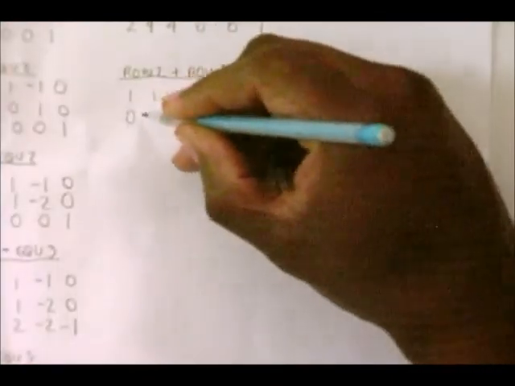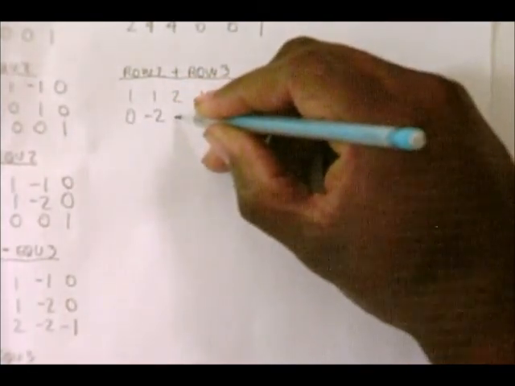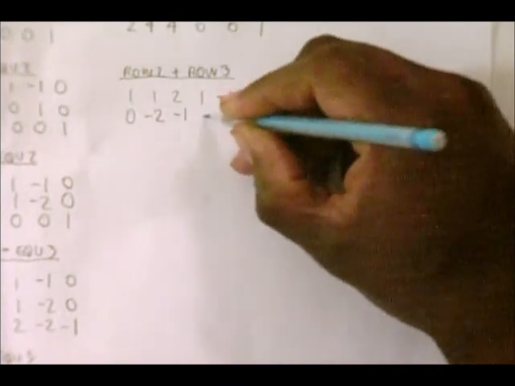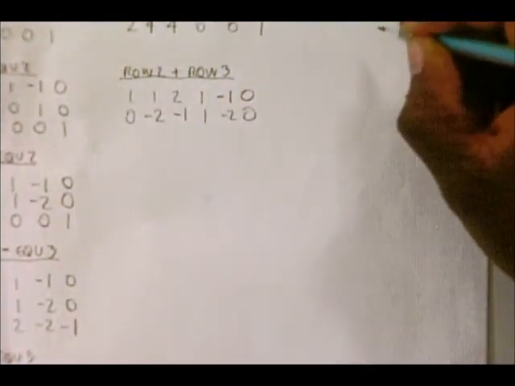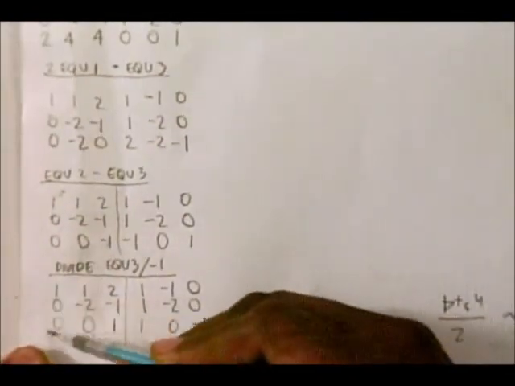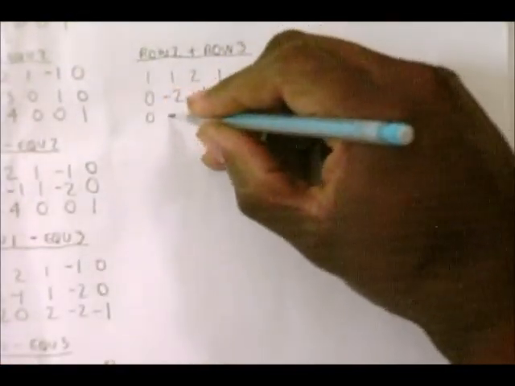And we have 0, negative 2, negative 1, 1, negative 2, and 0. I'm just rewriting that. And now I'm going to add these two rows here. That's going to be my new third row. So we add, we get 0, negative 2.